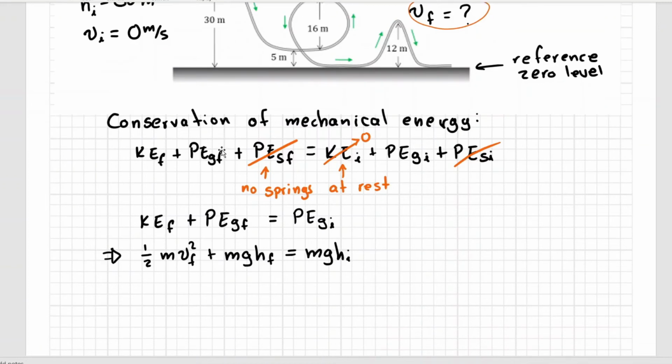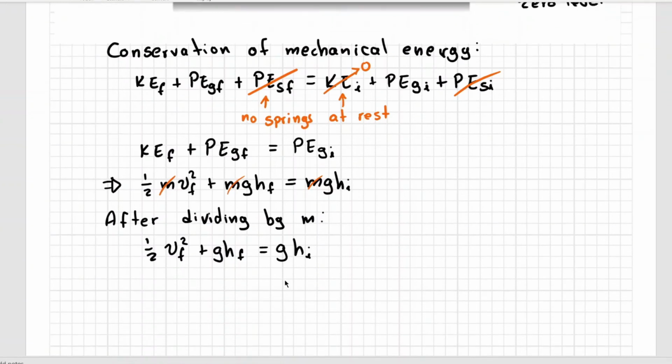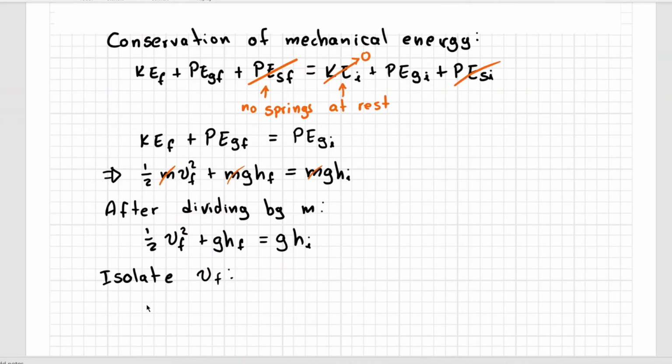Now here we realize that the mass of the car appears in each term of the equation. So we can divide both sides by the mass, and the mass will cancel. And we get, from here we can isolate the quantity that we need, which is the final velocity.